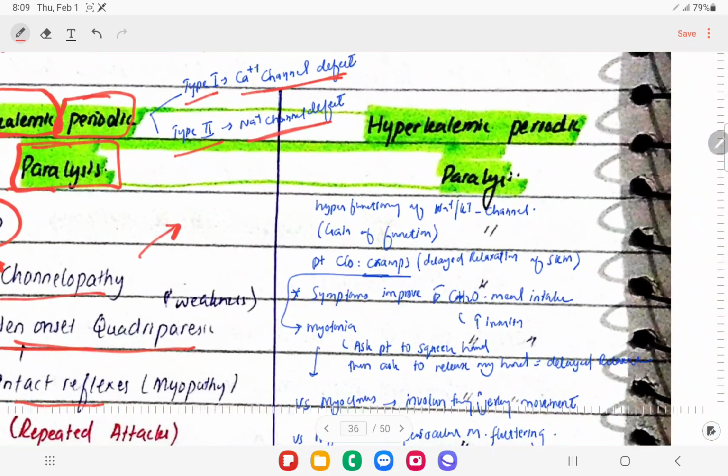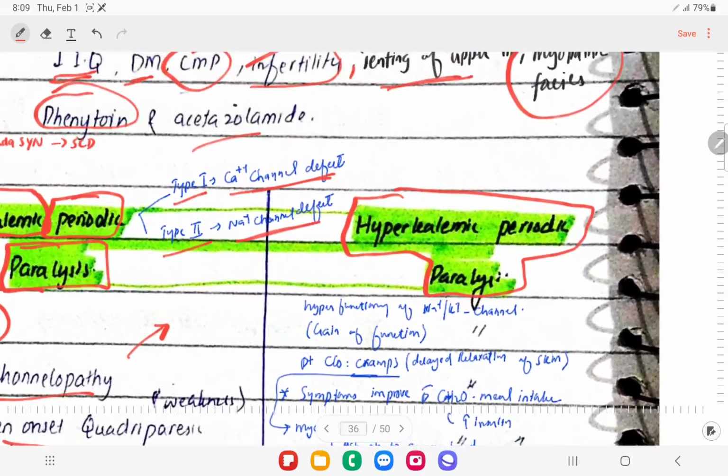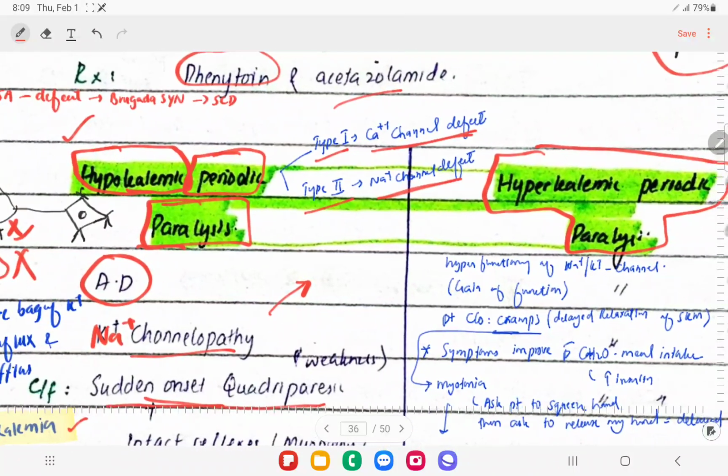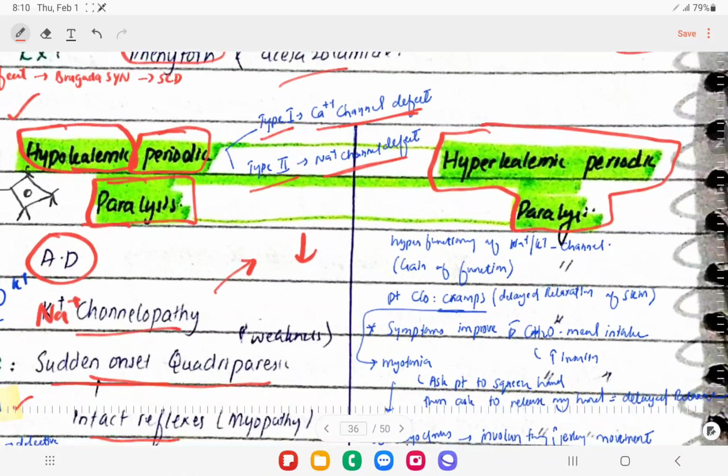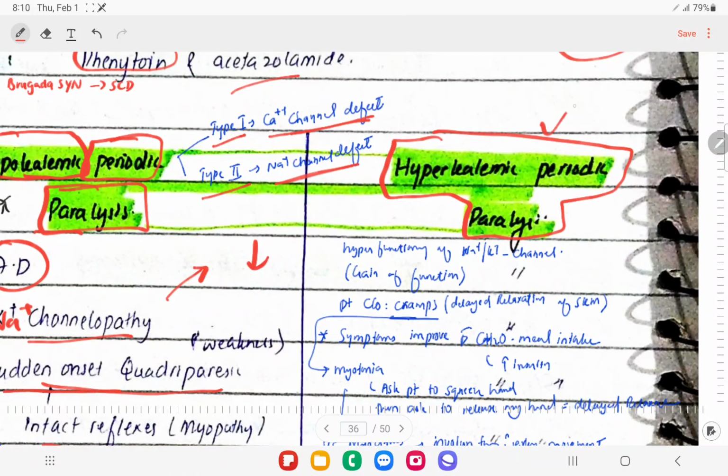Okay, let's talk about hyperkalemic periodic paralysis. In hypokalemic periodic paralysis there is decreased function of SCN4A; this channel is not working. But in hyperkalemic periodic paralysis there is increased functioning of SCN4A.